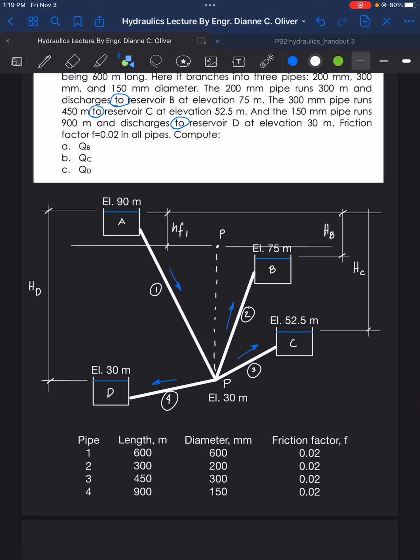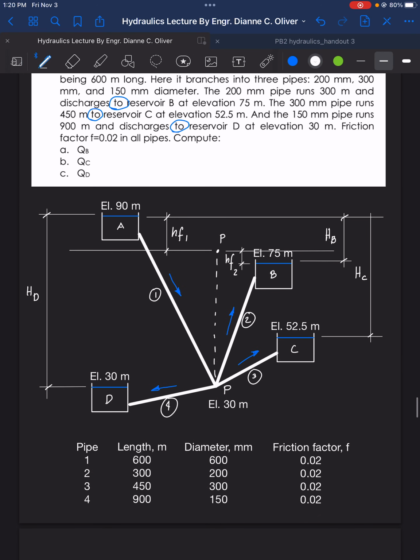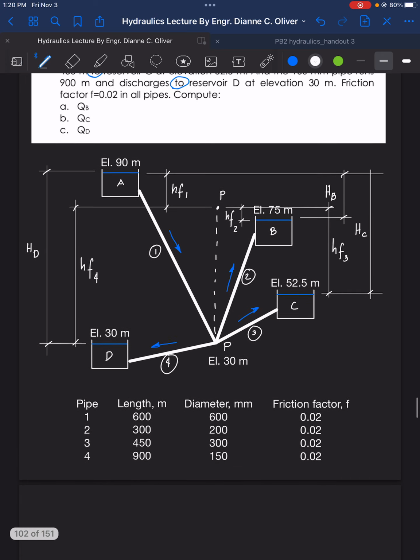Then we have the HF2 here, the HF3, and the HF4. So these are the heads.